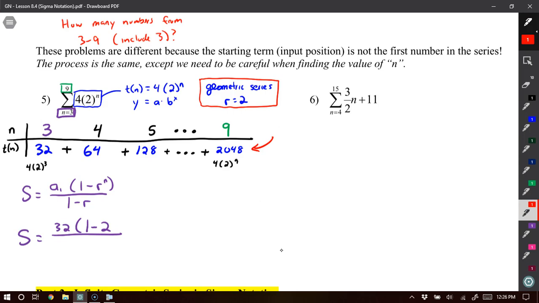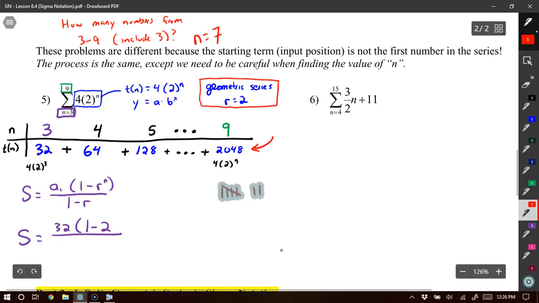In this case, your n is 7, because you have 3, 4, 5, 6, 7, 8, 9. Let me tally mark. You have 7 terms from 3 to 9 when you are including 3. So my n is 7.